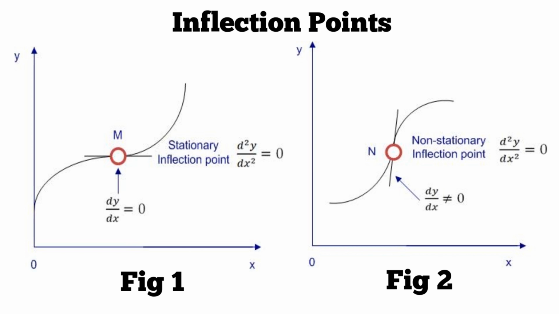In figure 2, the first derivative is not equal to 0, but the second derivative is equal to 0. Such a case is known as a non-stationary inflection point. Inflection means an act of curving or bending. Therefore, an inflection point is a point where a curve changes its curvature.